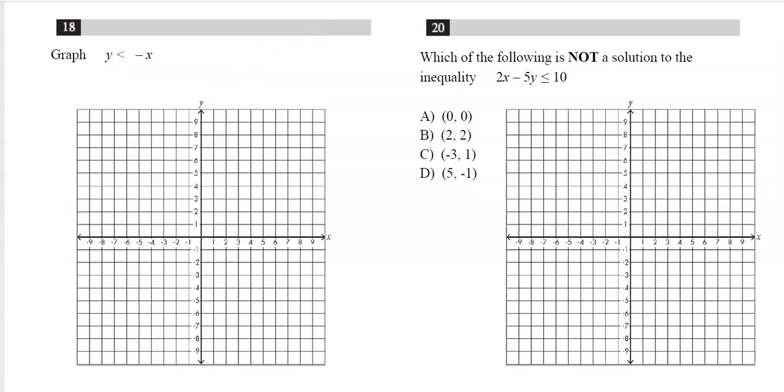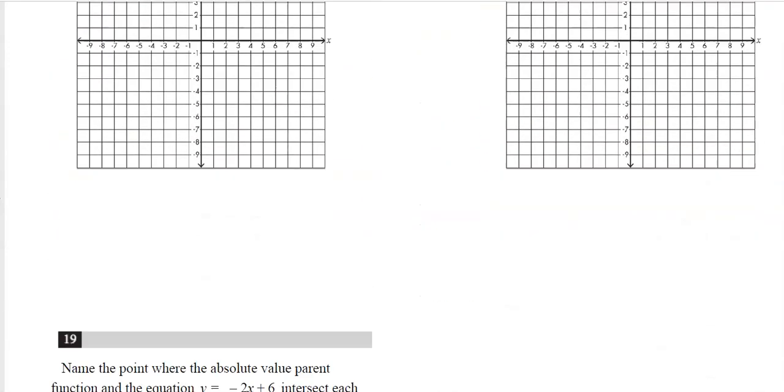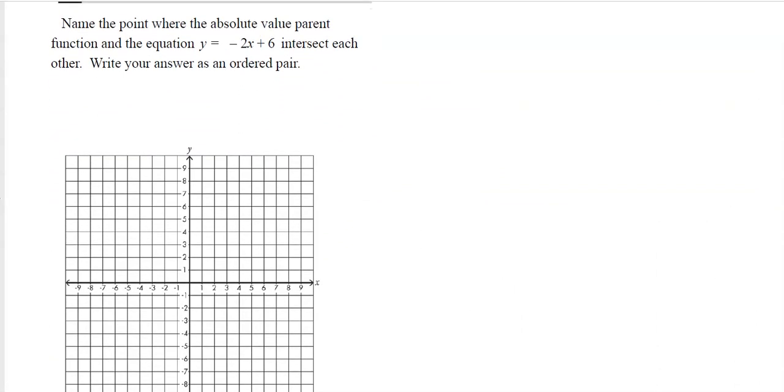All right, number 19. Whoa, 19 is lower, my bad. Number 19 says, name the point where the absolute value parent function and the equation y equals negative 2x plus 6 intersect each other. So first of all, let's do the absolute value parent function, which lives right here.